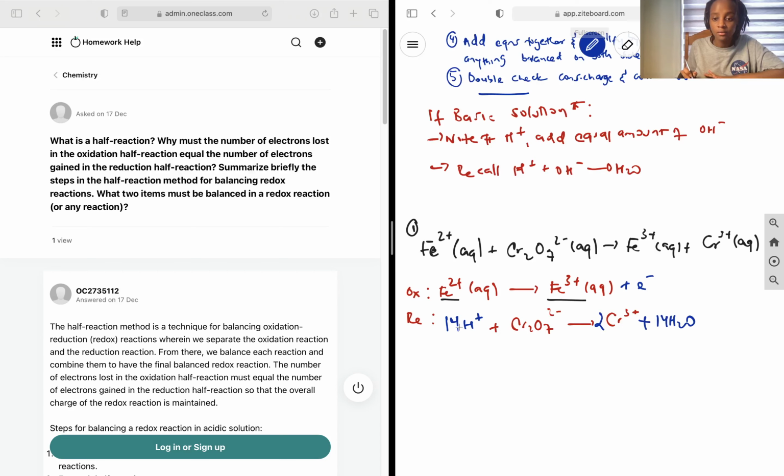On this one, we have a total charge of 12+ on this side, and 6+ on this side. So what we're actually going to do is add 6 electrons in order to get an equal charge of 6+ and 6+ on both sides. So we're just going to have to rewrite that.